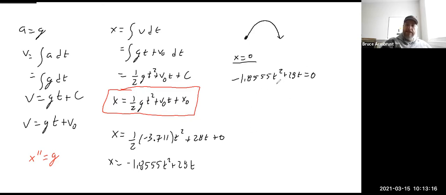If I solve this for t, this is going to tell me when we're at the ground. You're going to get 2 numbers. One of them is 0 because it was at the ground at the start. And the other is going to be when it lands. And that's going to be how long it's in the air.